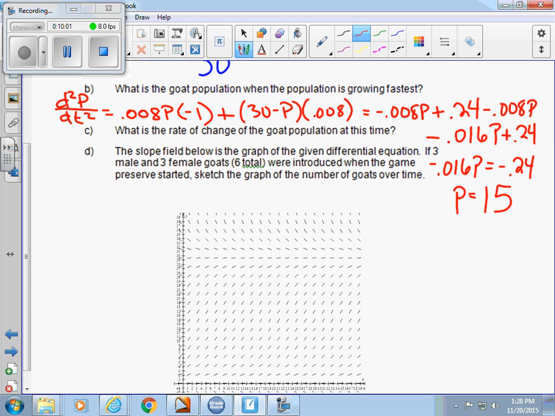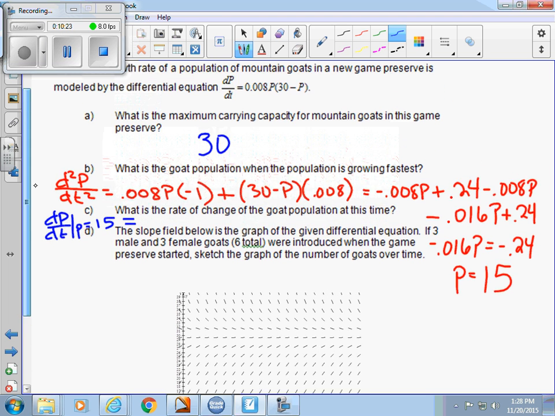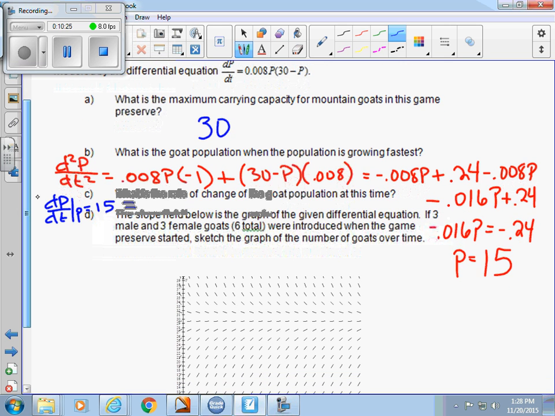What is the rate of change of the goat population at this time? If I'm asking rate of change, what is that? The first derivative. So I want the first derivative at 15. I want dP/dt when P is 15, which is, someone with a calculator, give me that number.